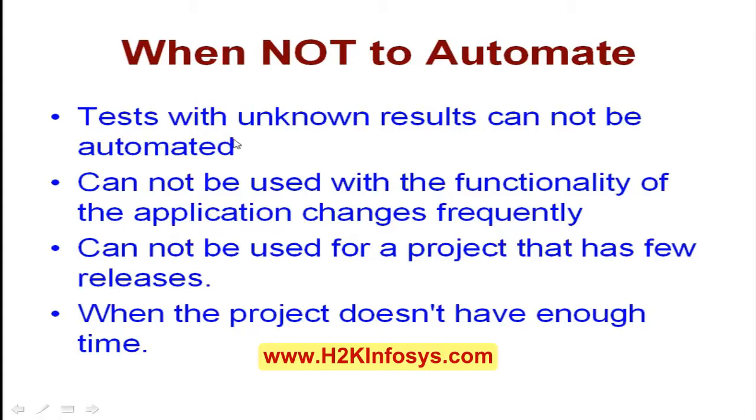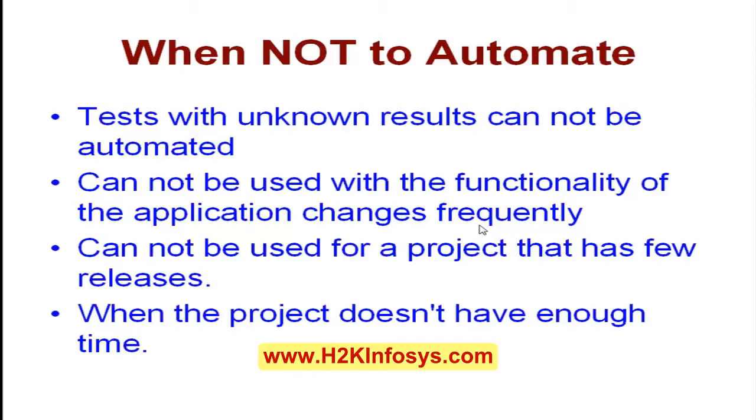Okay, so out of these 1000 test cases, you have to look for any test cases like this. If you have any test case like that, you are going to remove them. Next, automation cannot be used for functionality of the application which changes frequently. Okay, if the functionality of the application changes very frequently, we will generally not prefer to go for automation, because say you have built a script today, and tomorrow suddenly the old functionality has been changed.